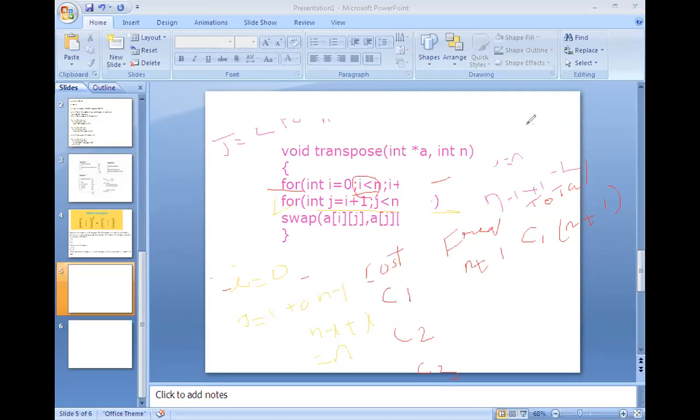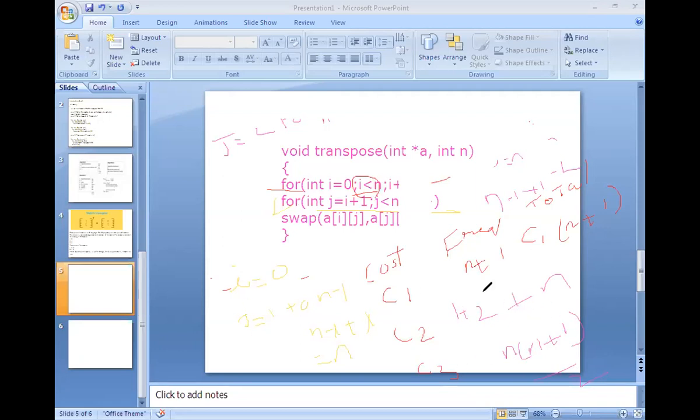So n is there, then n minus 1, till it moves to 1. So this is the formula for 1 plus 2 plus ... sum of n numbers, up to n. That is the value n into n plus 1 by 2. So that is the formula for the inner loop.